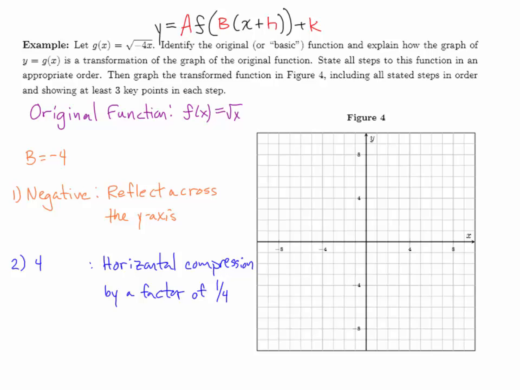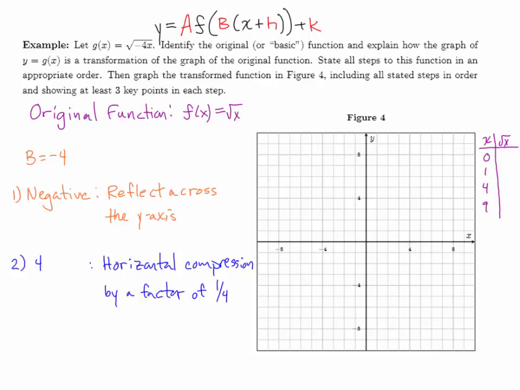Okay, so to start on this graph, we need to start with the graph of y equals the square root of x. And if we don't remember exactly what that looks like, we can make a quick table and plot that in. I'm going to want points here that are easy to work with, so I'm going to make sure that the x values I choose give me integer values for my outputs. With a square root function, it would make the most sense to pick perfect squares. So I'll pick 0, 1, 4, and 9.